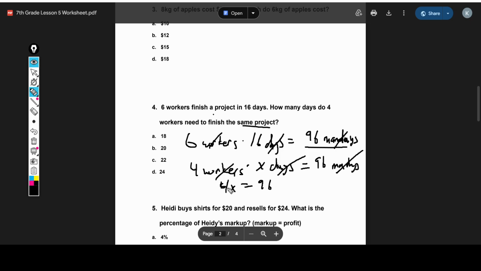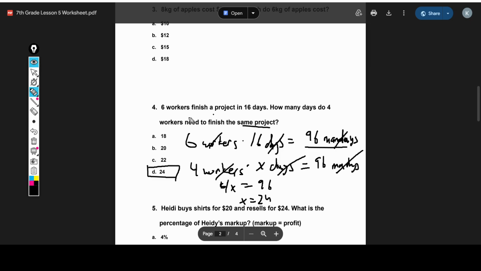You divide both sides by 4 and you get x equals 19. Oh, sorry. X equals 24. I'll make that a little neater. So it'll take them 24 days.